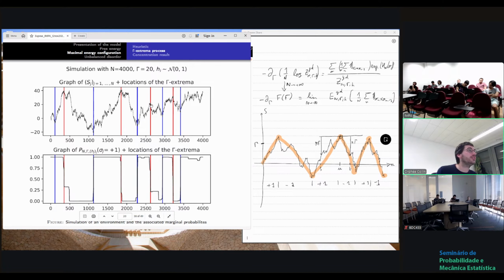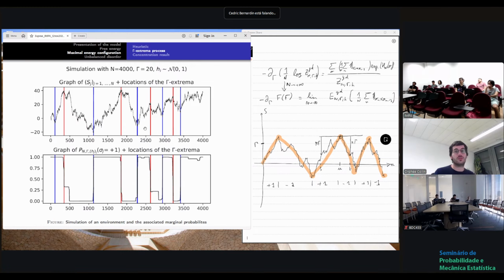In fact, it's quite easy to understand why. Here, the maximal energy configuration switches here, but there is another maximum here which is quasi at the same height. So it may be interesting for the configuration to decide not to switch at this position, but rather at this one. And this explains why there is also a small possibility to have pluses in this region.